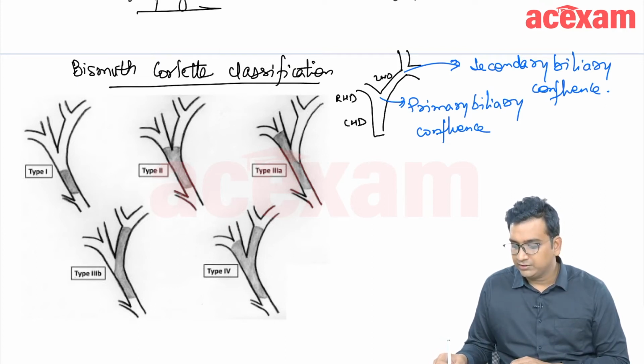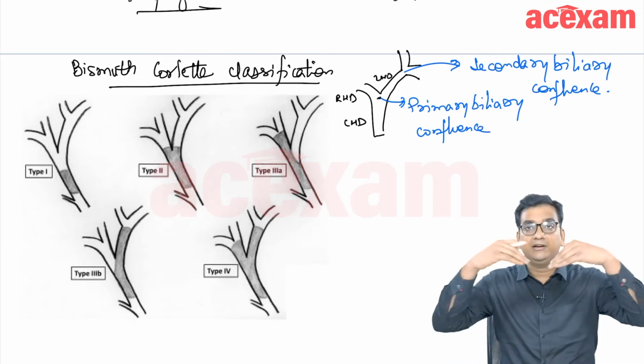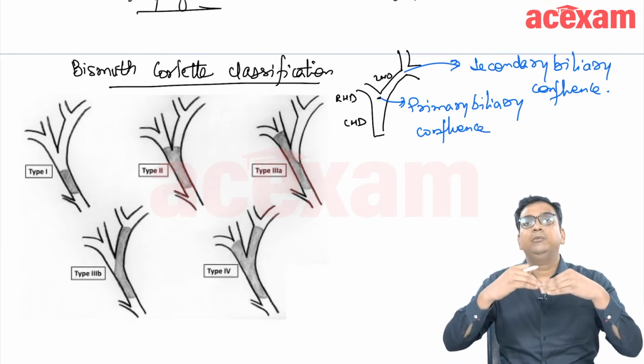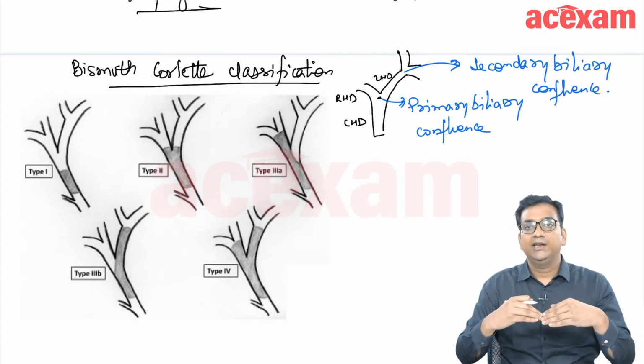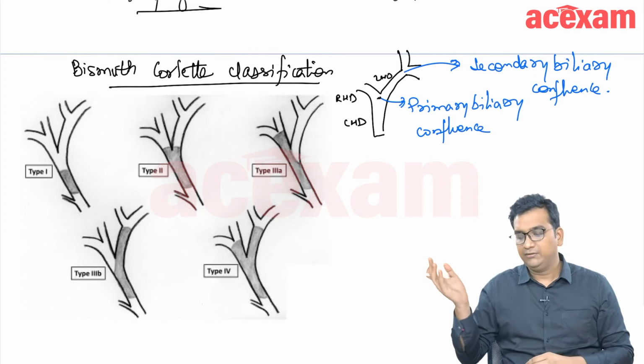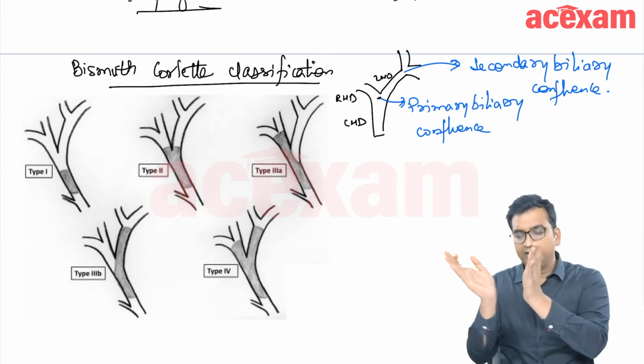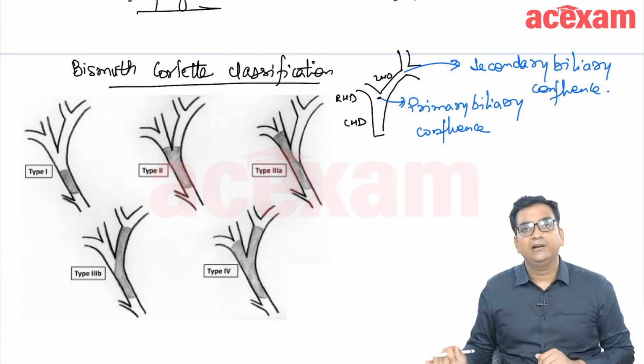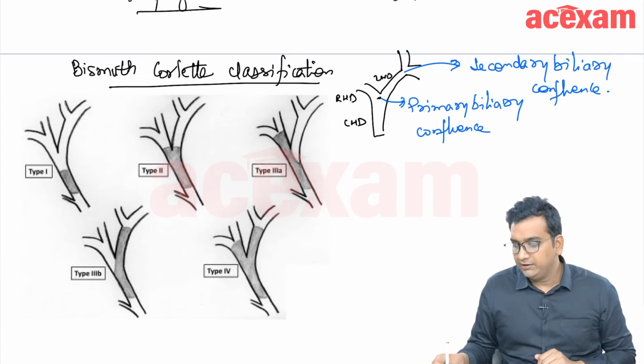This junction where the left and right hepatic ducts join together is the primary biliary confluence, and inside the liver, two different segmental ducts joining together to form a left hepatic duct is known as a secondary biliary confluence.